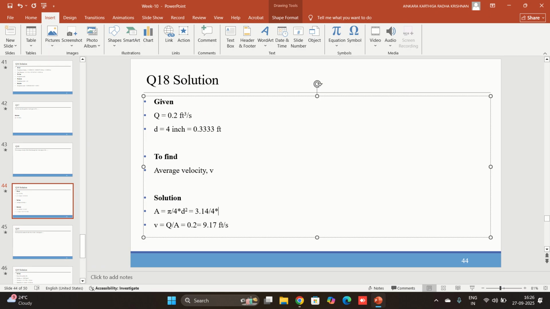3.14 divided by 4 into d is 0.3333 squared, which equals 3.14 divided by 4 into 0.3333 squared.